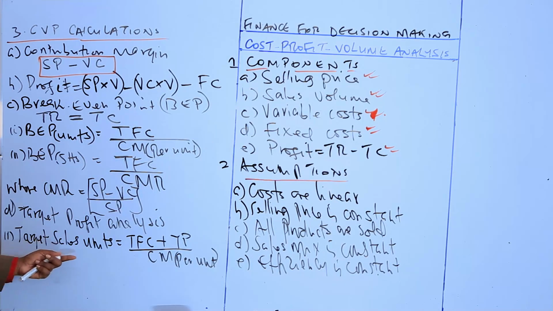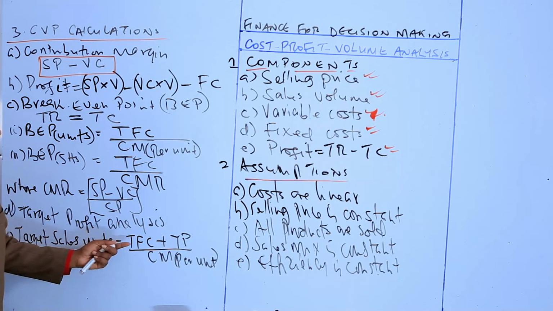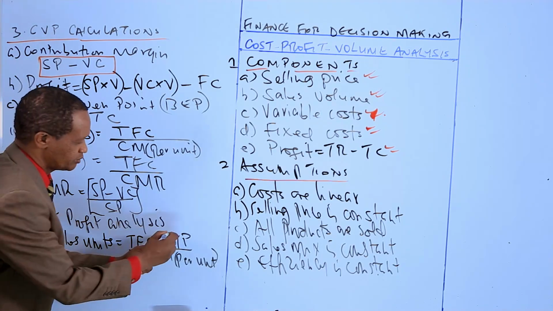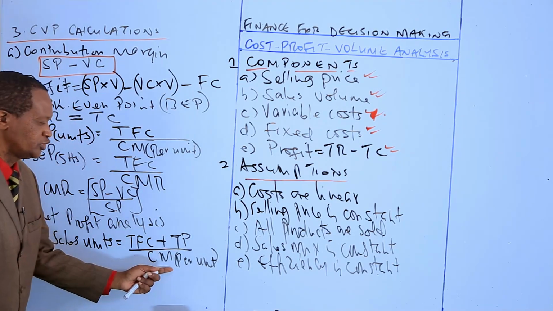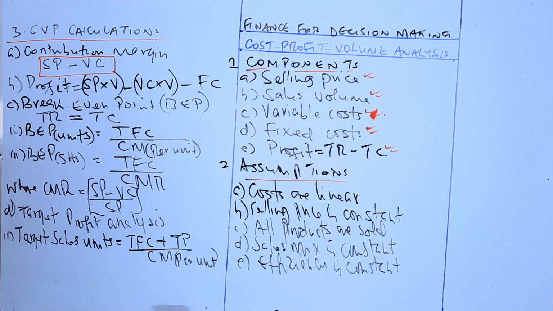To get the target sales units, we take the total fixed cost, we add the target profit, then we divide by the contribution margin per unit.